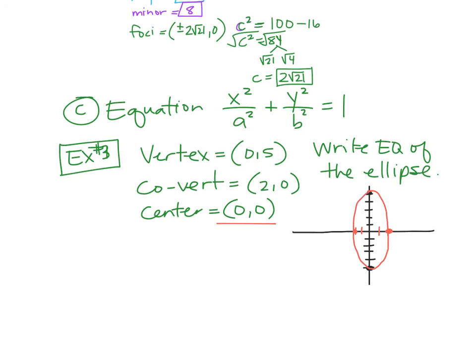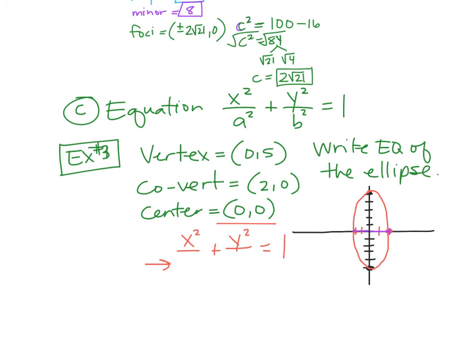So if we're trying to come up with our equation, you don't have to graph this, you can do this without graphing, but sometimes it might just be easier to see it. It's x squared over something plus y squared over something equals 1. So we need to figure out what goes down here. Well, your x, that's what needs to go below our x. Our x went 2 units and 2 units.